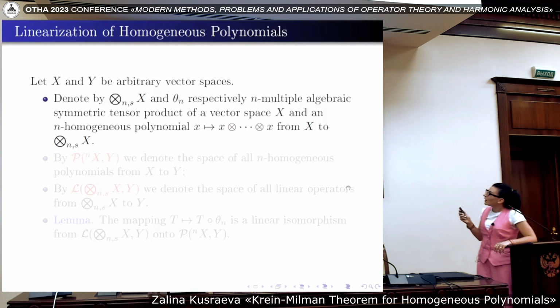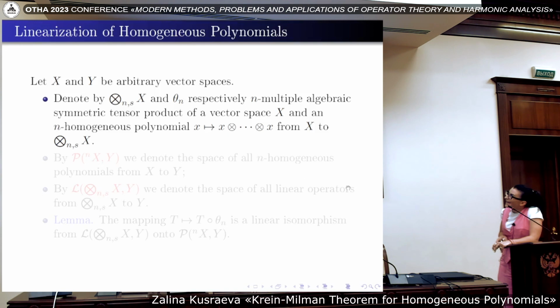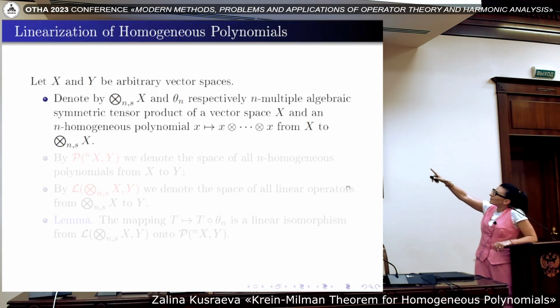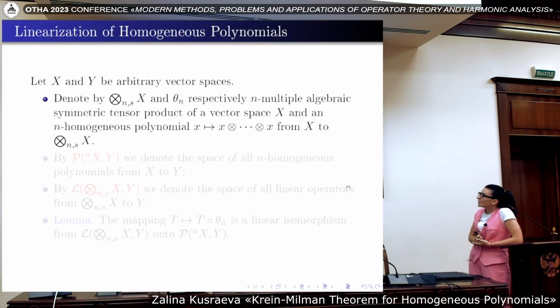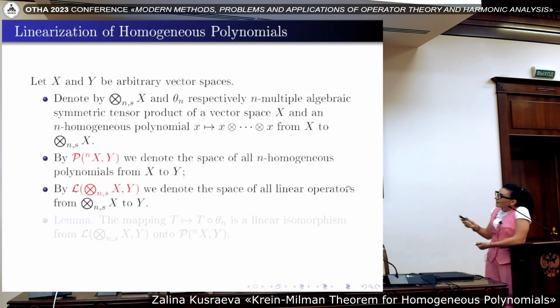And also we'll need the notations by the n-fold algebraic symmetric tensor product of a vector lattice X and an n-homogeneous polynomial which acts as follows. By these two symbols, we denote the space of homogeneous polynomials and the space of linear operators.